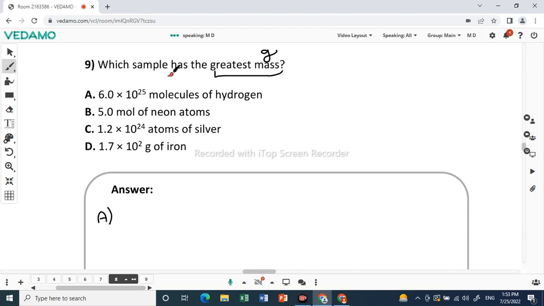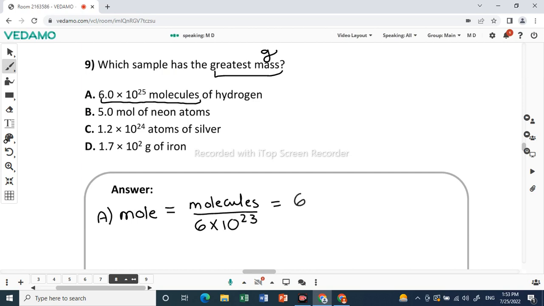According to A, what do we have? We have the molecules number. So we need to find the mole number. Now the mole will be the molecules divided over your Avogadro's constant.